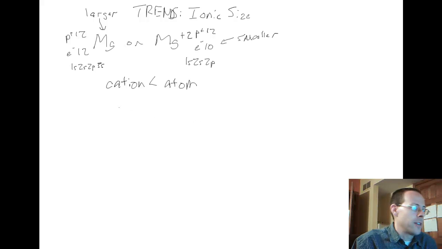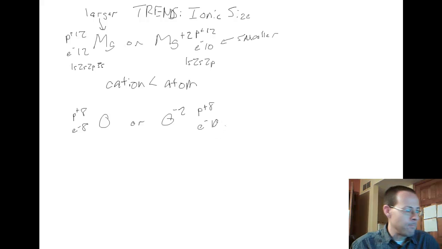Let's do another example, oxygen. Whenever oxygen has a -2 charge, we change its name to oxide. Oxygen has 8 protons and 8 electrons. Oxide has 8 protons but has a -2 charge, which means it has 10 electrons.